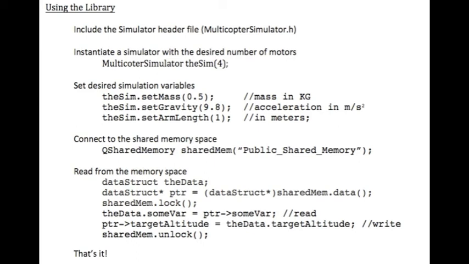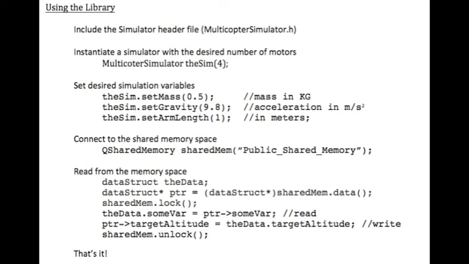Next, several simulation variables are customized, such as gravity and arm length. Next, we connect to the shared memory location using the same key used elsewhere in the code. In this case, a simple ASCII string, public shared memory.